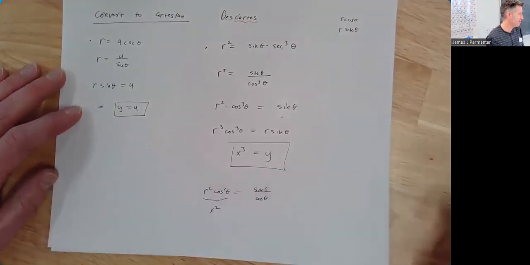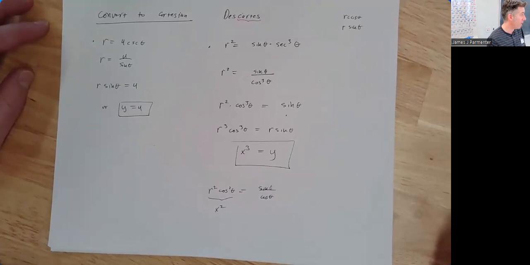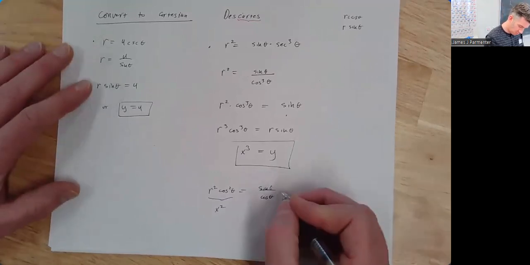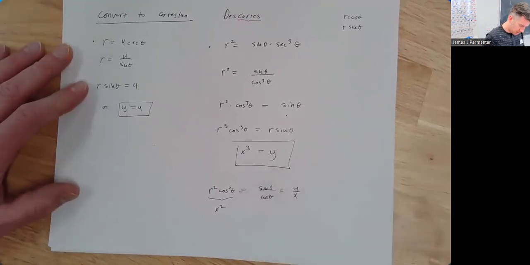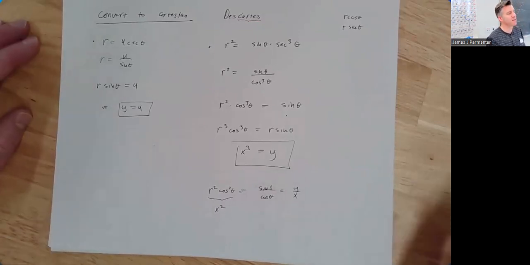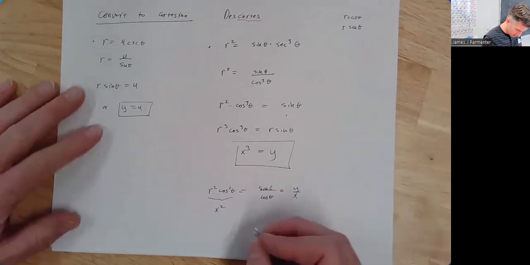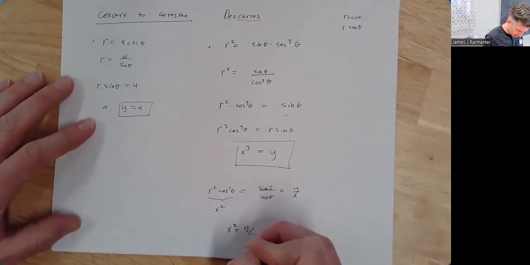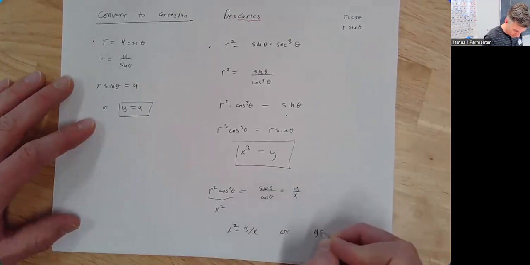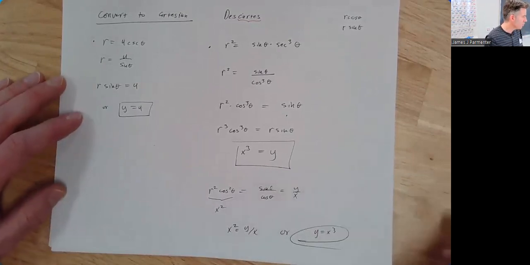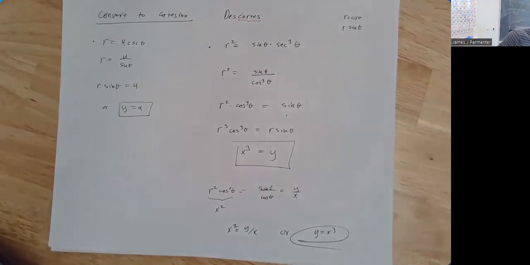What's sine over cosine? Tangent. The tangent of theta is y over x. Yeah, that works too. I feel like that's a little harder for me to see personally, but just because I don't see it that way doesn't mean you can't. So that works great. So then you've got x squared equal y over x, or y equals x cubed. Cool. Nice job. I like that.